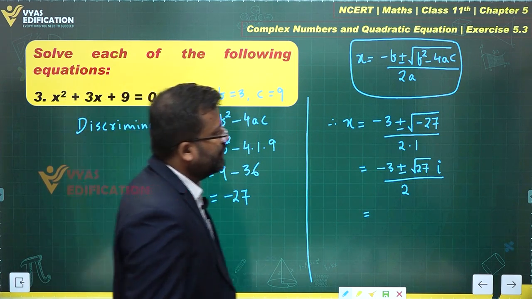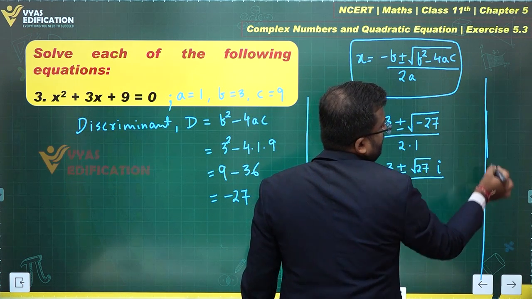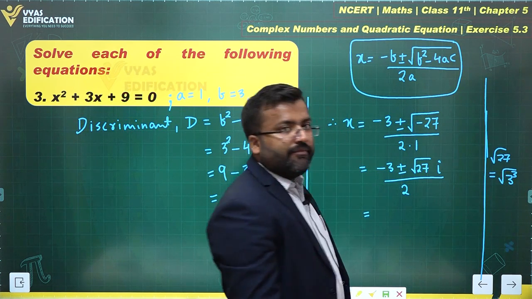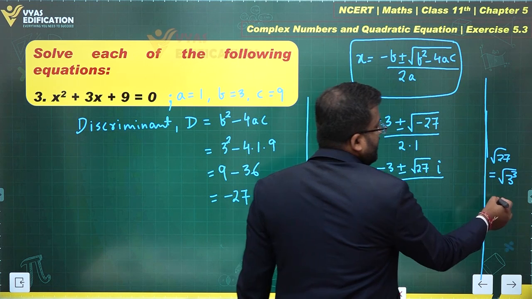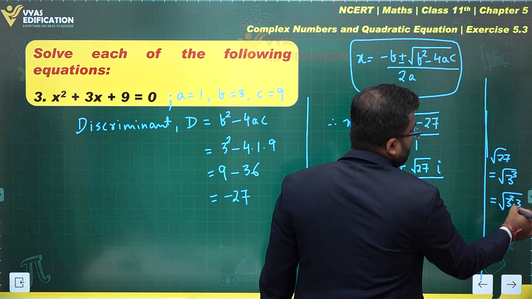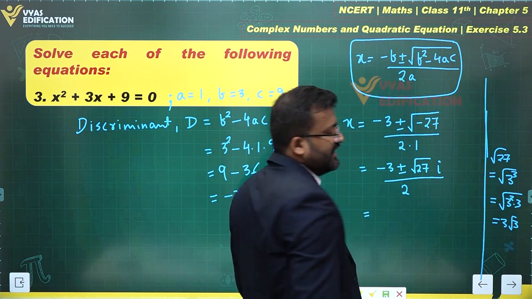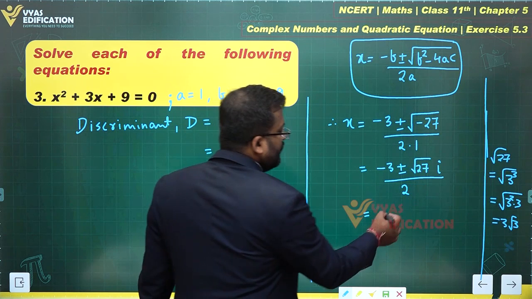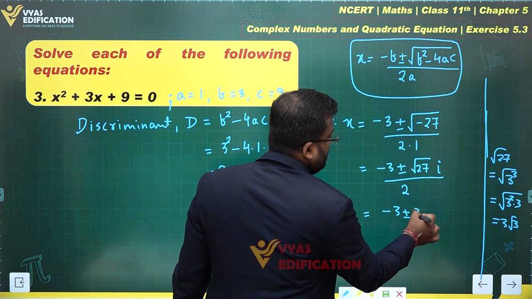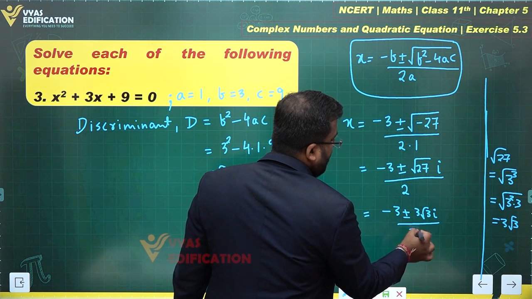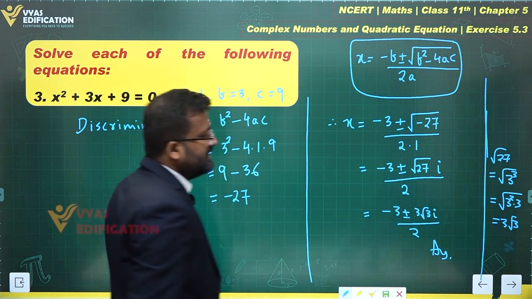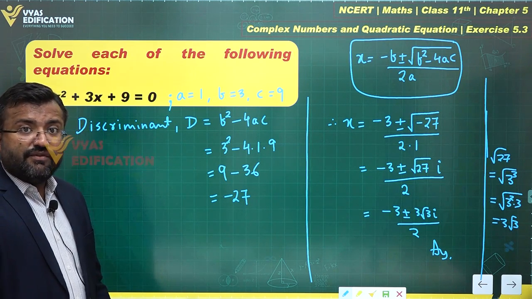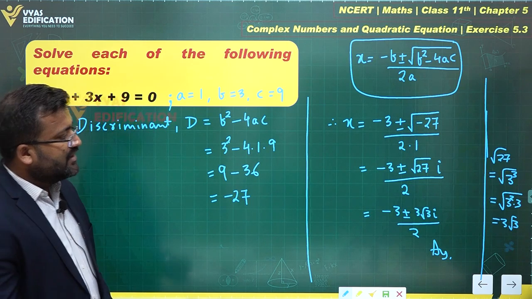Let's take a look at that root 27. This is square root of 3 power 3. 27 is 3 power 3, and you can write it as square root of 3 square into 3. One 3 will come out, another will remain inside. What you will have is 3 square under root is simply 3, which comes out. So this becomes equal to minus 3 plus minus 3 root 3 i, whole divided by 2. And yes, that is my answer for this question over here. Right? The final answer? Yes. That's the final answer for this question.